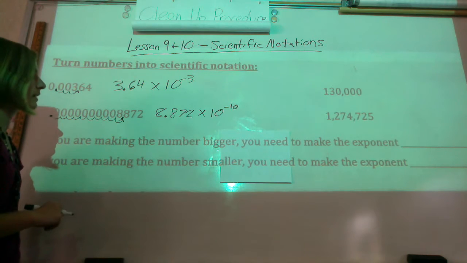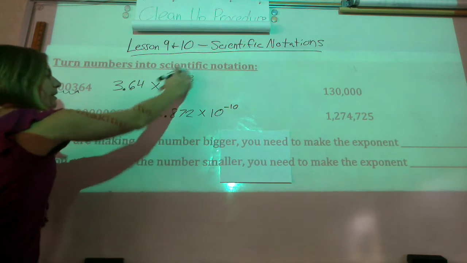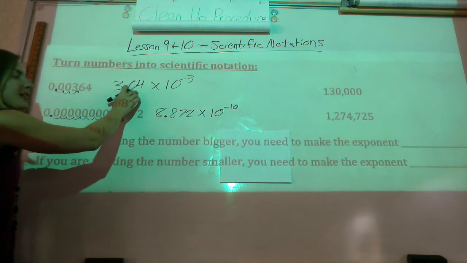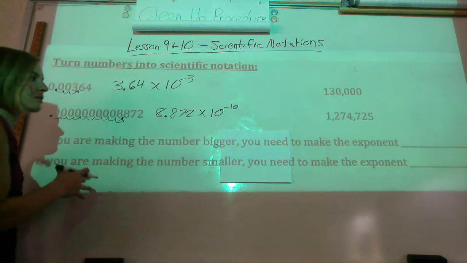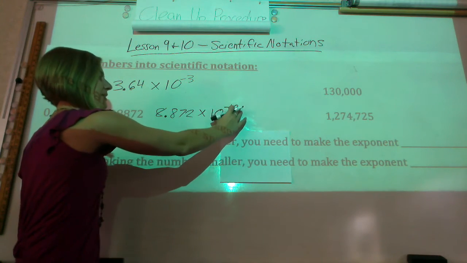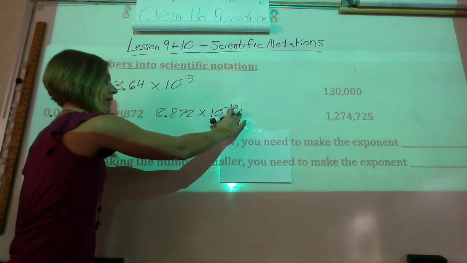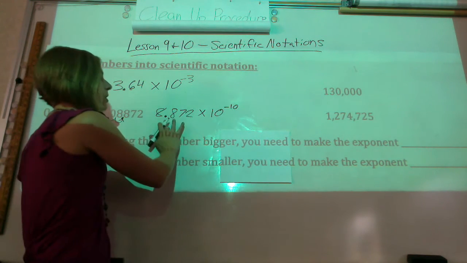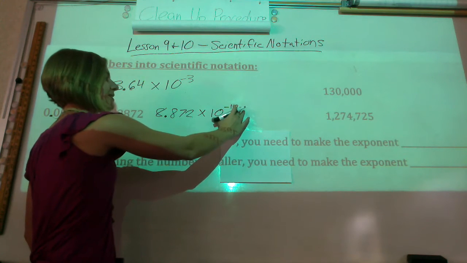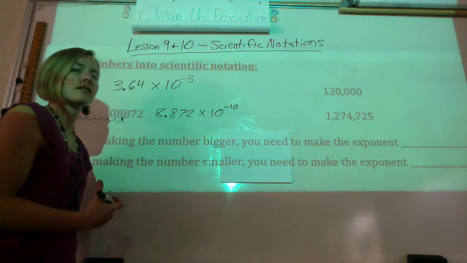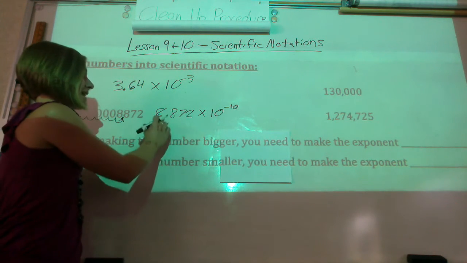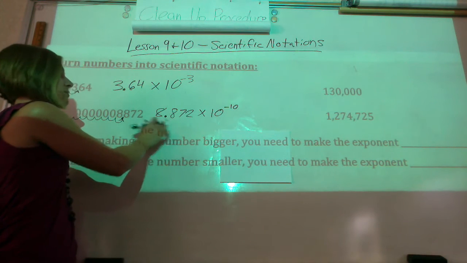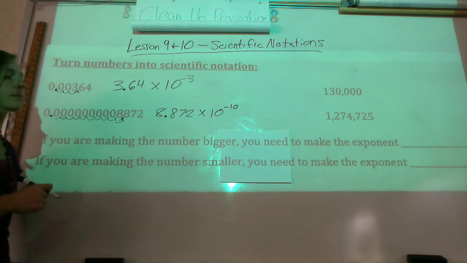Hopefully you're recognizing that the negative numbers are showing that this number is actually a lot smaller than it appears. The bigger the negative is, the smaller this number actually is, because this negative is so negative. I need to move that decimal 10 places, making this smaller to actually represent this real number.